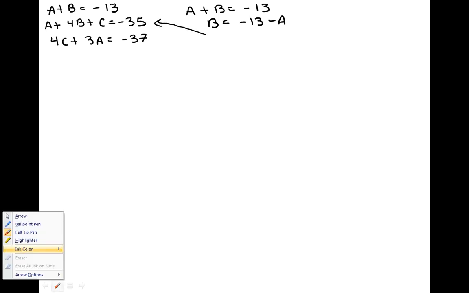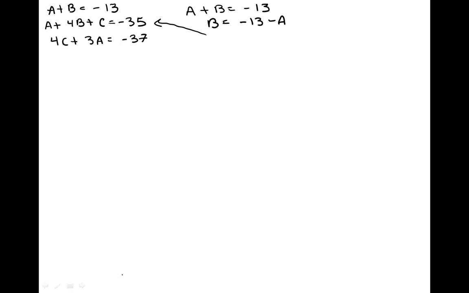And if it helps, I'll get a different color. Ooh, how about purple? So I'm going to have a plus 4 times b. So I'm going to plug in negative 13 minus a plus c equals negative 35. So I'm going to have a minus 52 minus 4a plus c equals negative 35.